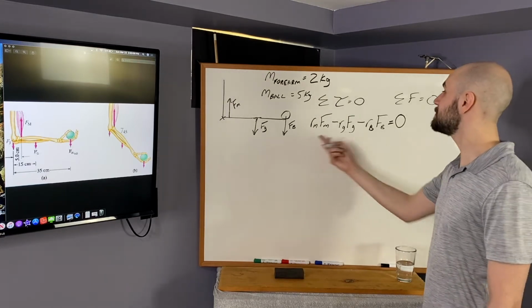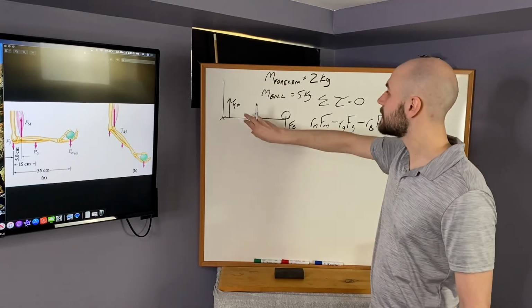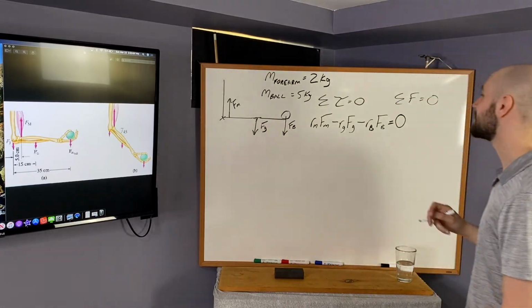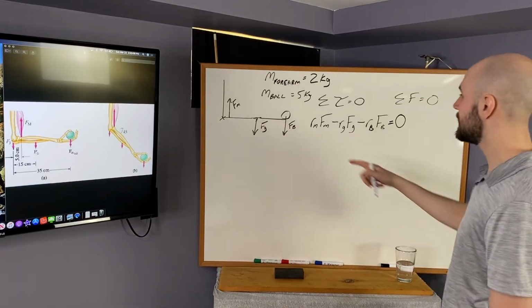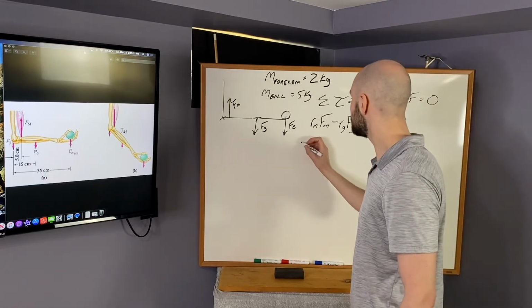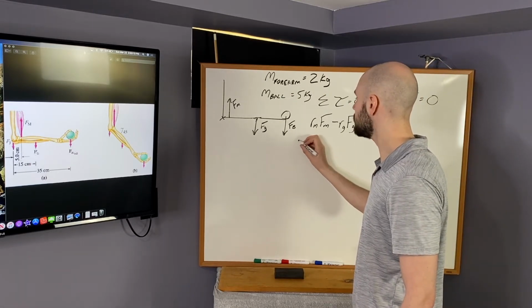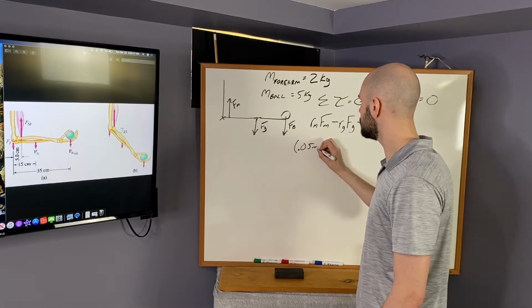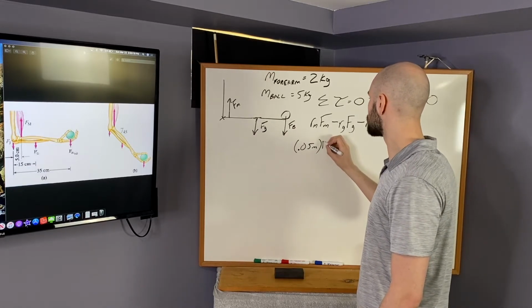Okay, so let's plug in what we know and see if we can figure out the force that the bicep is exerting on our forearm. It's given in the diagram that the distance for the muscle away from the joint is about 5 centimeters, so we can plug in 0.05 meters. The force of the muscle is what we want.